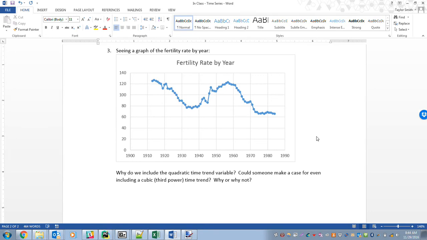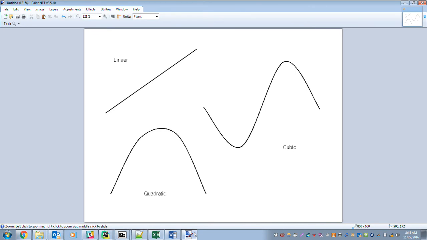Now, looking at the graph gives you a pretty good idea of what kind of variable you would want to include. Let me show you the difference between linear, quadratic, and cubic. I drew these out earlier today. A linear trend is just a line, right? That's why it's called linear.